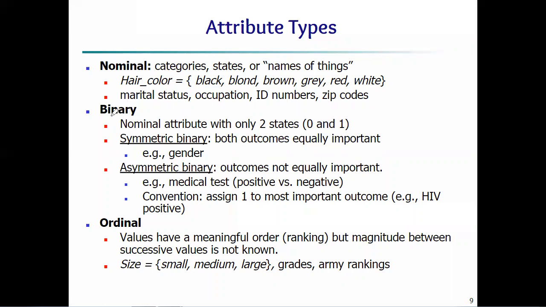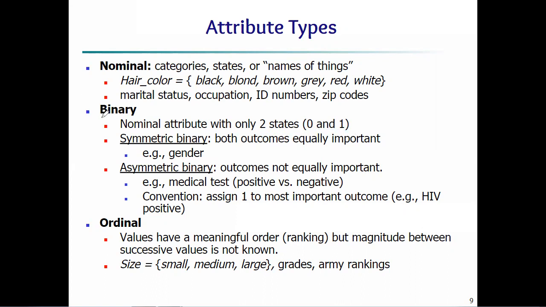Okay, so the next one will be the binary data. Just concentrate. Binary has two parts. A nominal attribute we have to take as binary, where there will be only two states, 0 and 1: 0 for negative, 1 for positive.